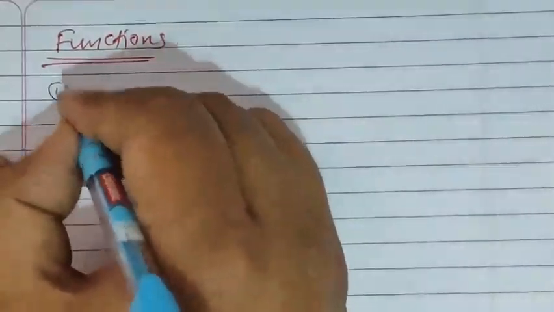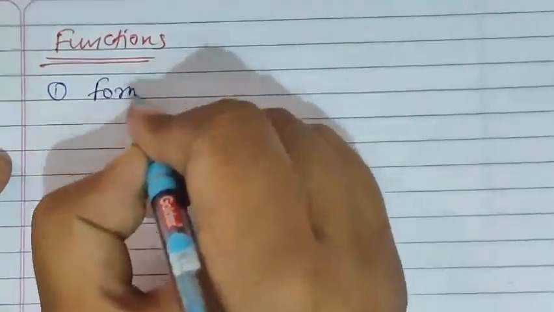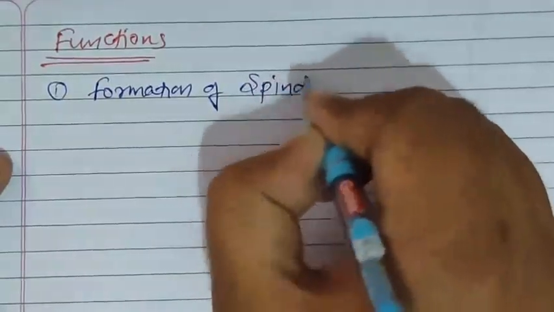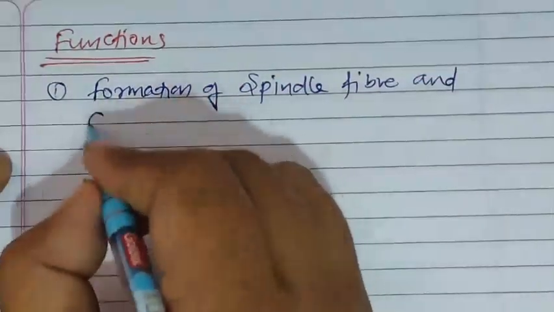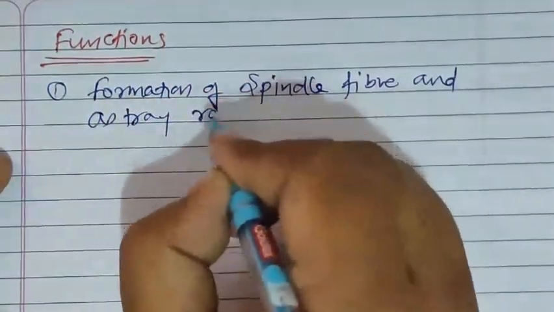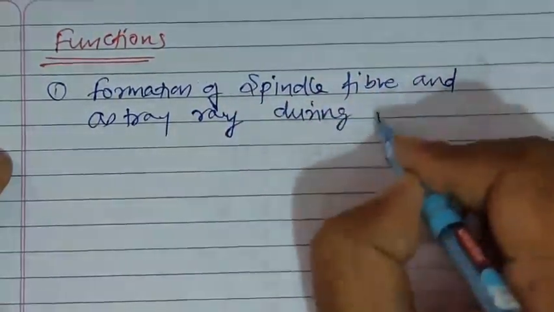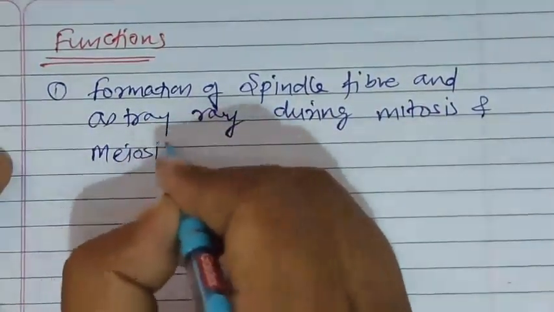So next we talk about functions of centriole. The functions are: number 1, to polymerize microtubules for formation of spindle fiber and astral ray during mitosis and meiosis types of cell division.